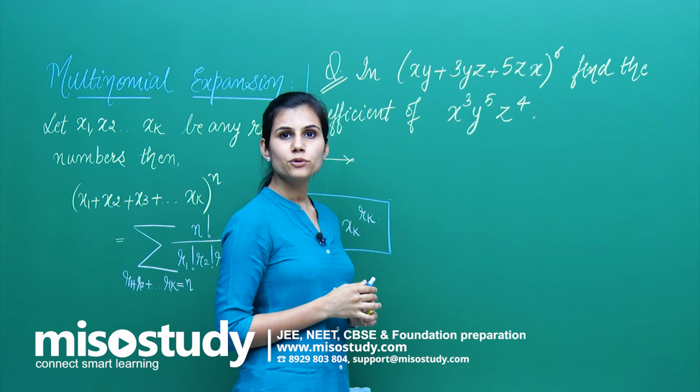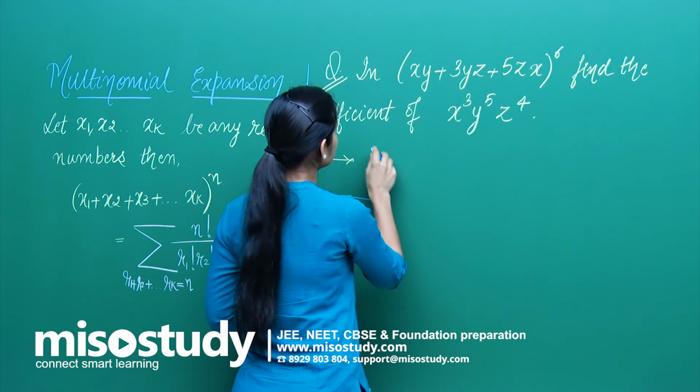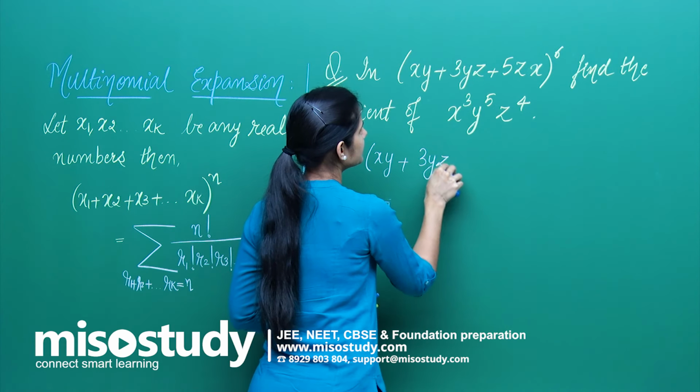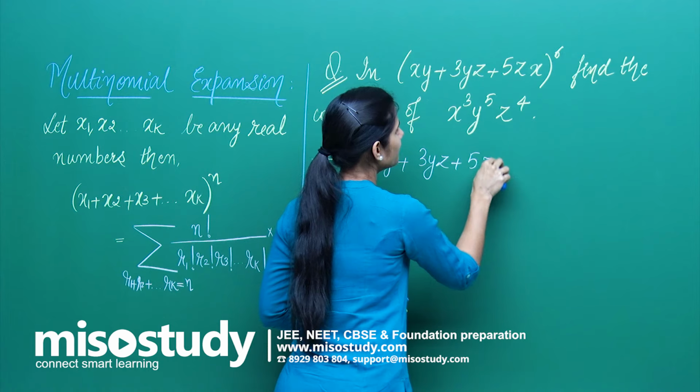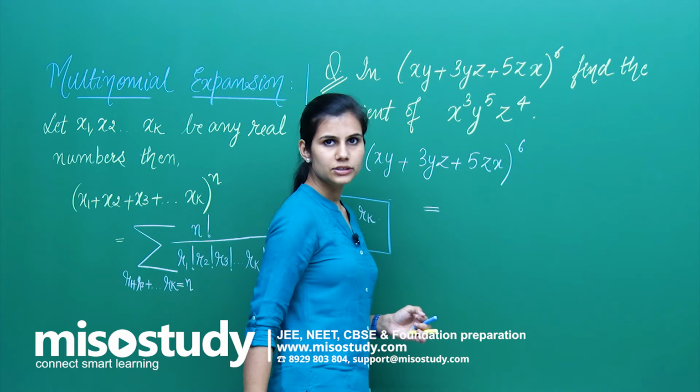How to actually proceed with finding the coefficient? See, you have this xy plus 3yz plus 5zx to the power 6 will be equal to what?